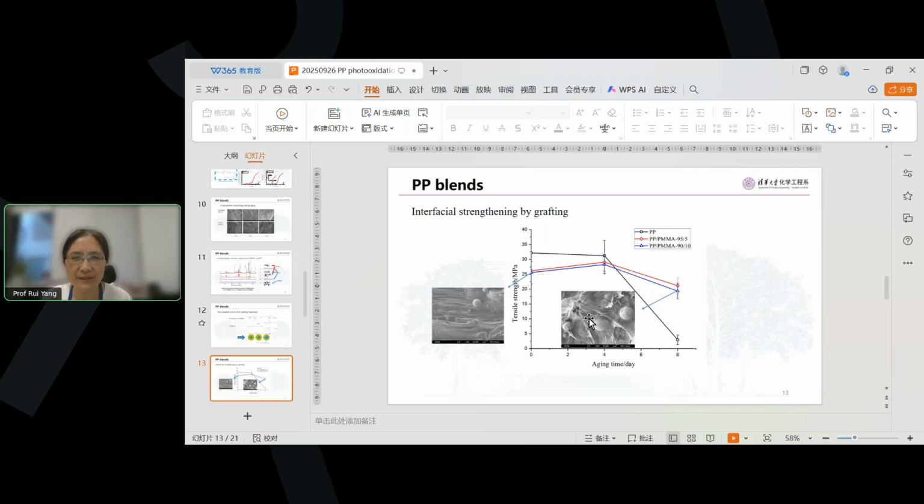But with PMMA in it, aging helps to form a strong interfacial cohesion, interfacial interaction in this blend. So the improved interfacial cohesion helps to increase tensile strength to some extent. And after that, as time goes on, the increased aging status gives rise to the deterioration of tensile strength again.